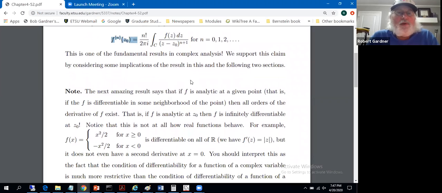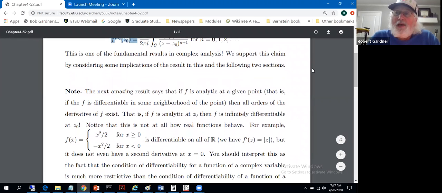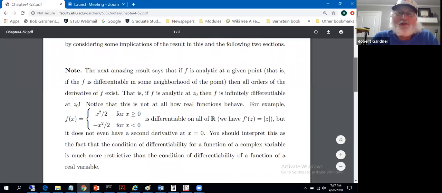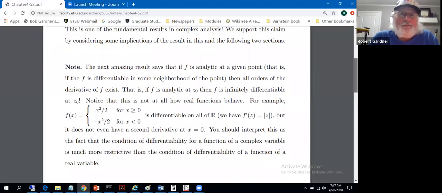All right, so we claim this is a fundamental result in complex analysis, and here are some reasons why. It gives some behaviors of functions of a complex variable that just don't happen in the real setting.